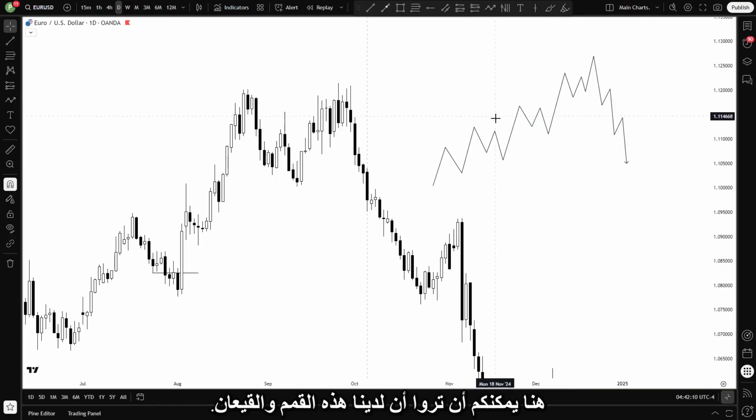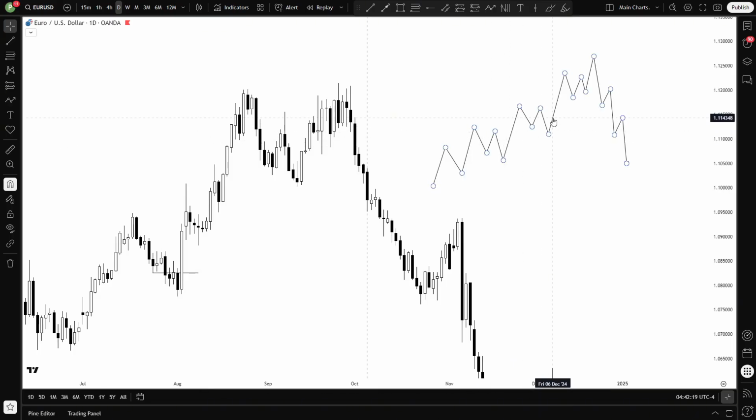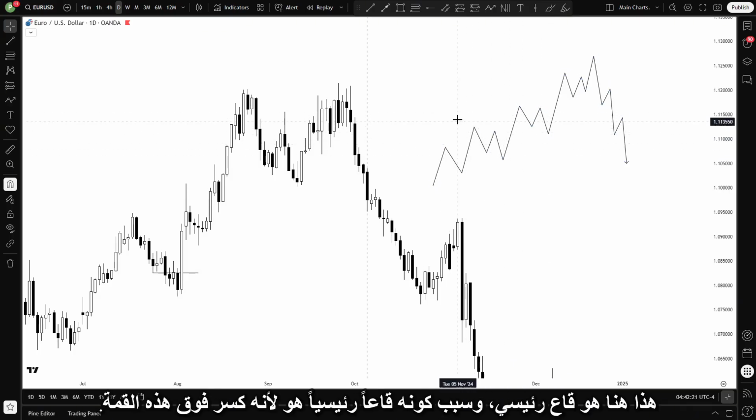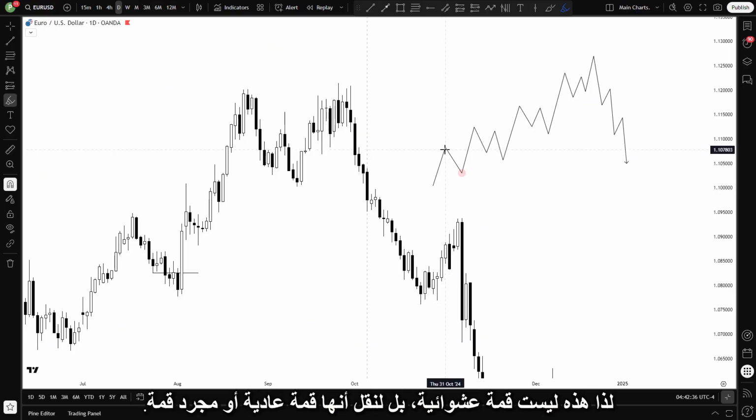So right here you can see that we've got these highs and lows. Now within this structure there are only 3 key lows. Now this right here is a key low, and the reason it is a key low is because it has broken above this high, and this isn't a key high because it hasn't broken below a key low.